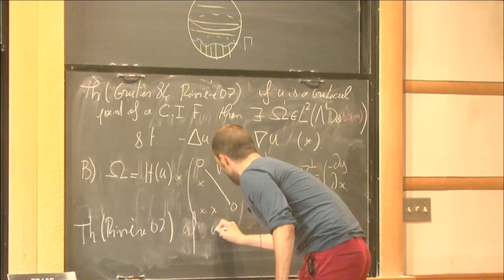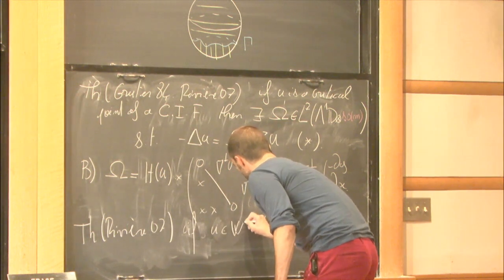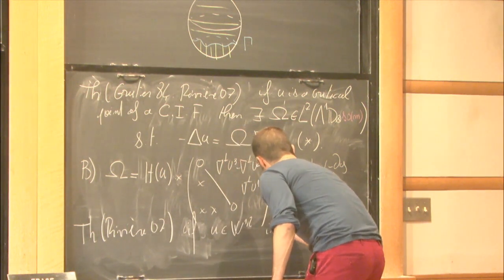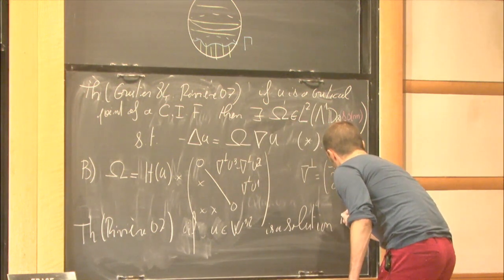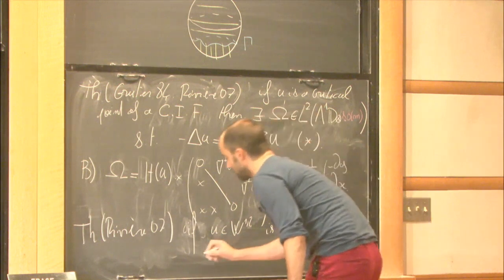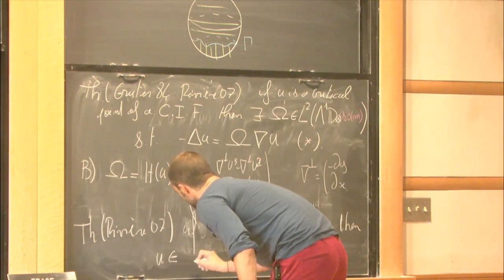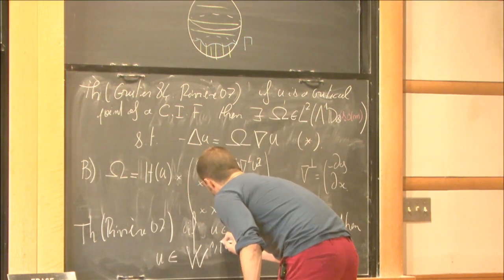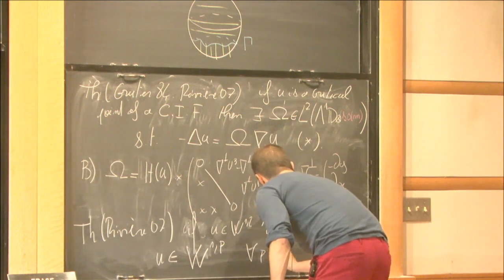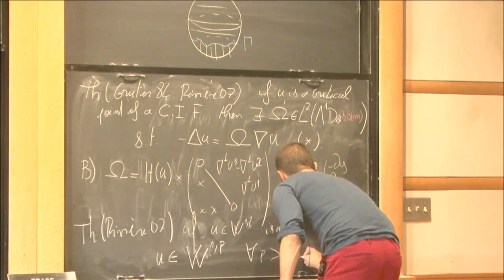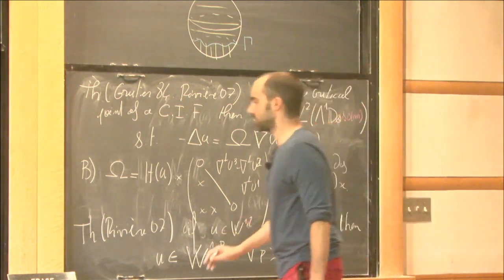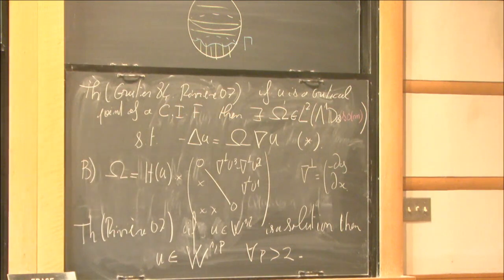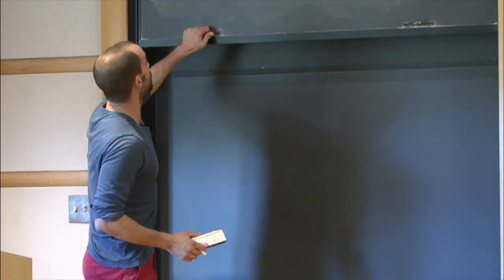if, so let's say u in W^{1,2} is a solution of star, then the regularity is better than expected. That is to say, then u is in W^{1,p} for all p bigger than 2. I will give a short sketch of the proof of this theorem in order to introduce some tools.